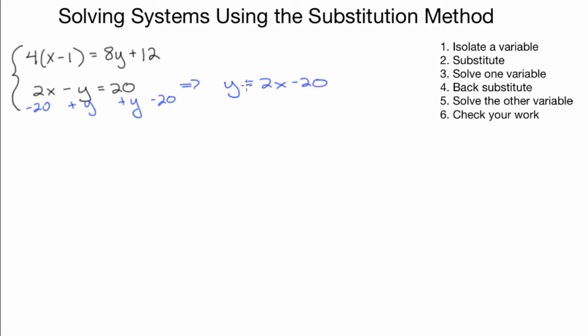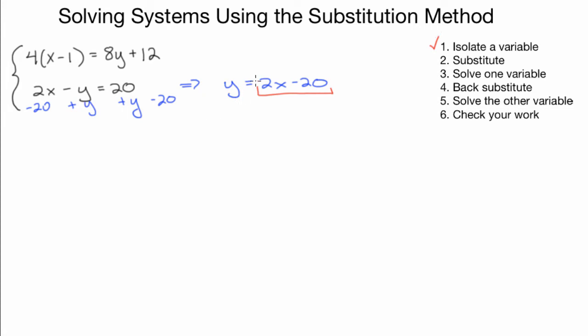I'm just using some algebra, rearranging some things, and it only took a couple of steps. Now I have my y variable isolated: y is equal to 2x minus 20. We just did step one. We isolated the variable.